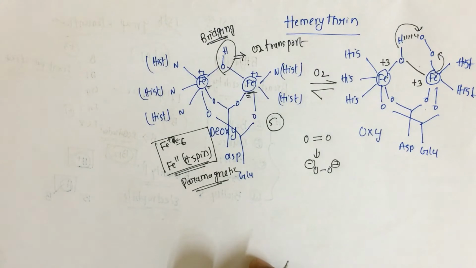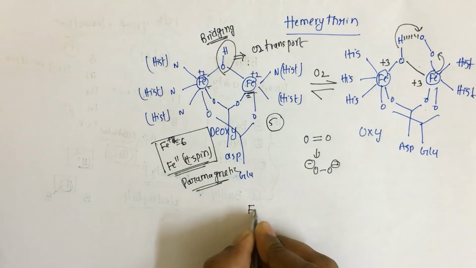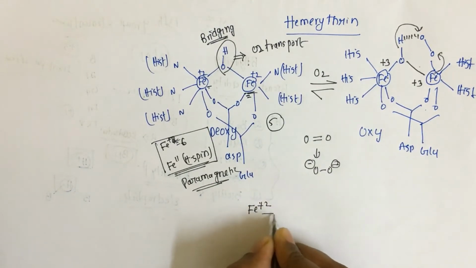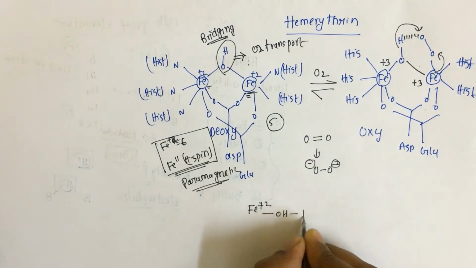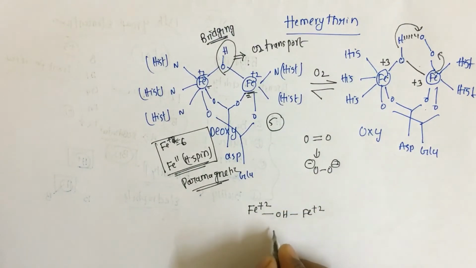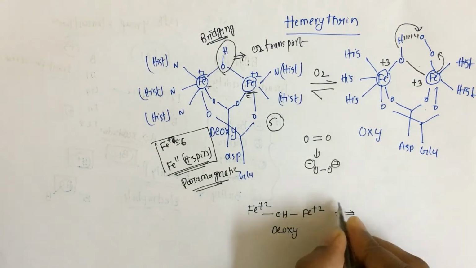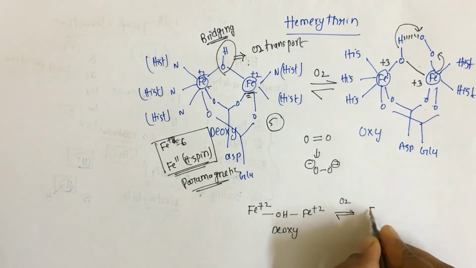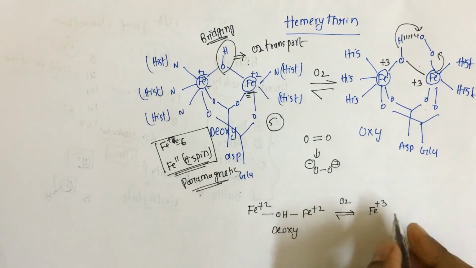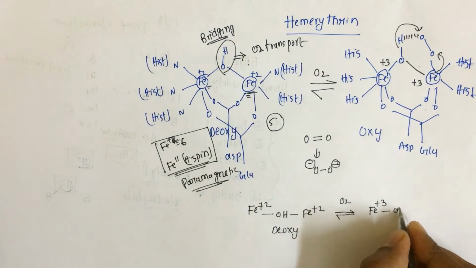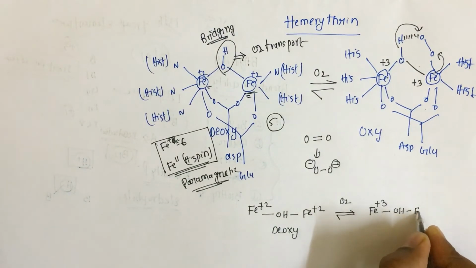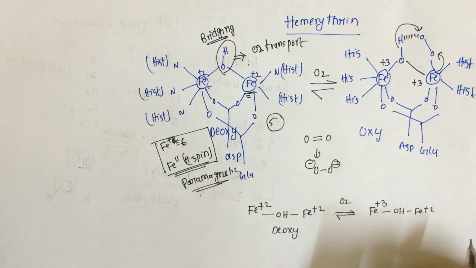So we'll see what mechanism is involved here. Initially we have Fe+2, OH, Fe+2. So this is the deoxy form. Now this will get converted into Fe+3, OH, and Fe+2.